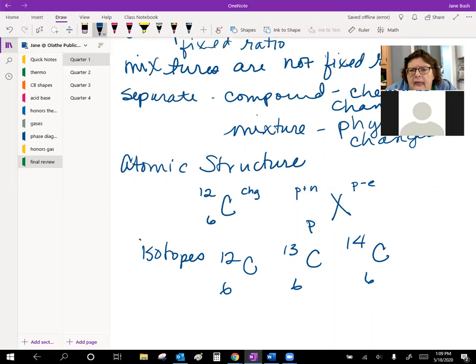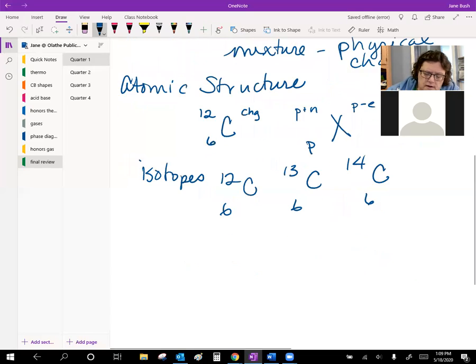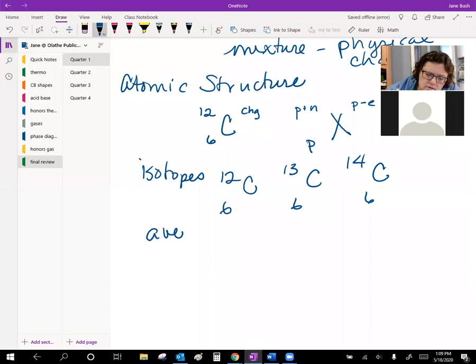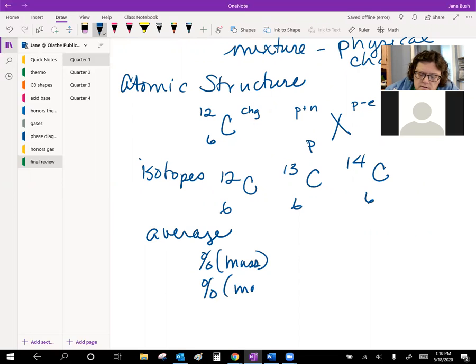And you find the average, but in order to find the average, you have to add up the percent of each isotope times its mass, and then divide by 100.